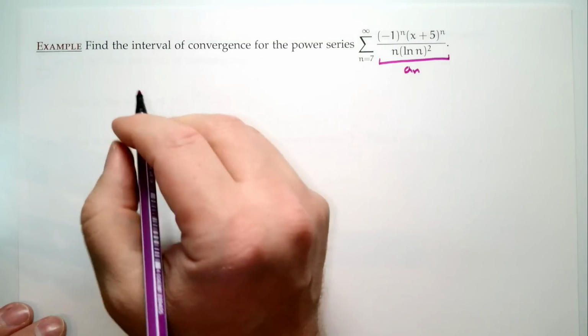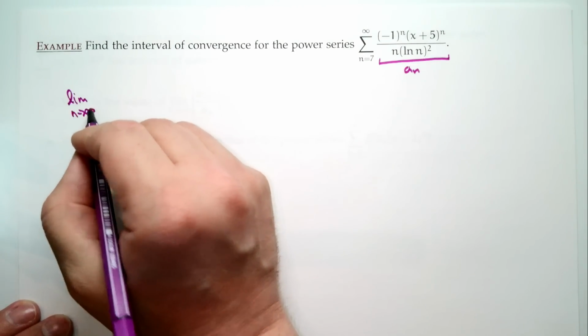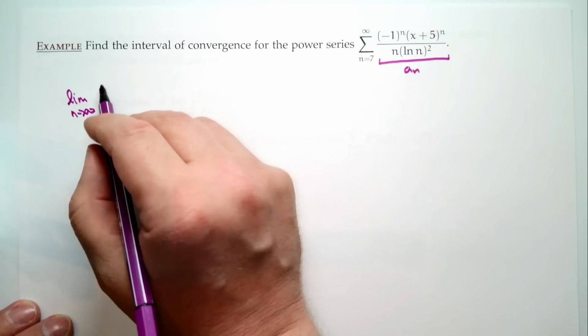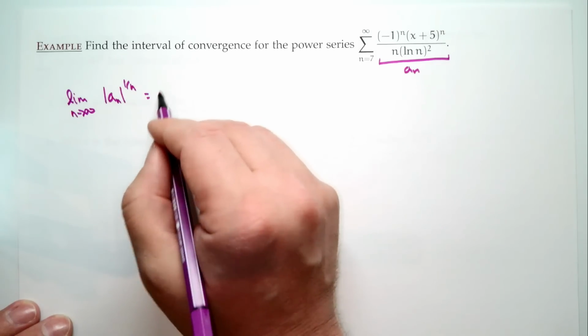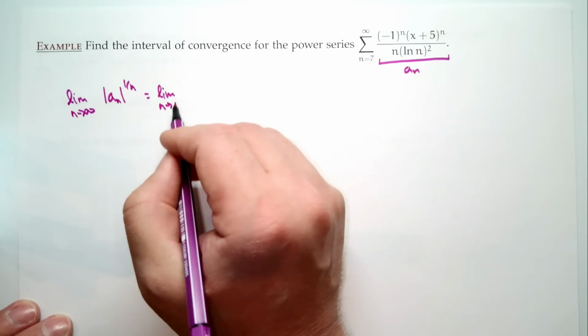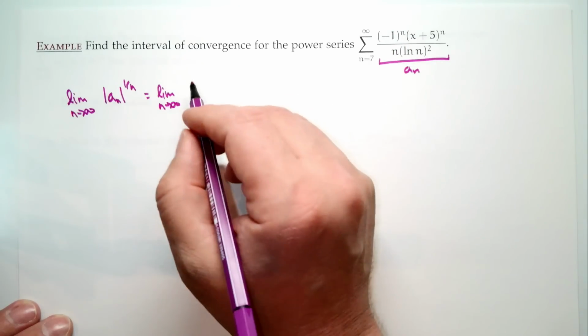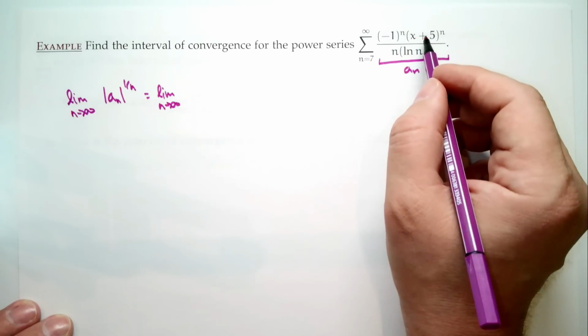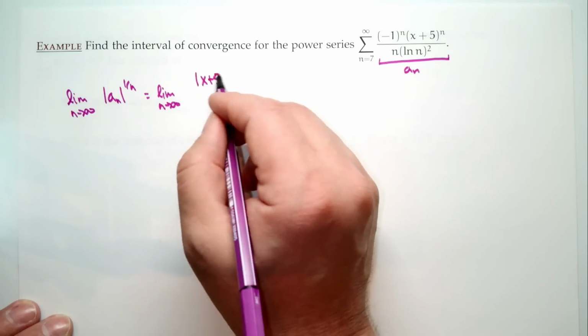Okay. So we're going to take the limit as n goes to infinity of the absolute value of a sub n to the 1 over n. Well, the (-1) to the n, that's really gone. Absolute value of (x plus 5) to the n, to the 1 over n, becomes absolute value of x plus 5.